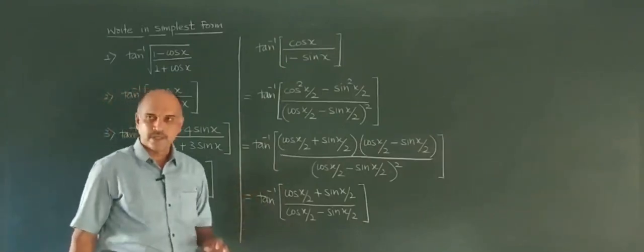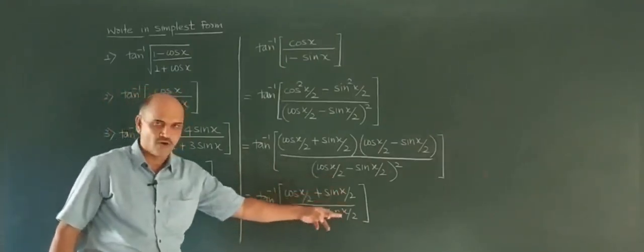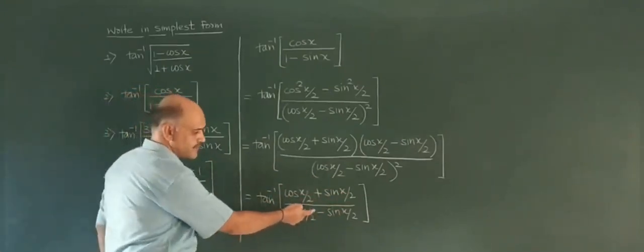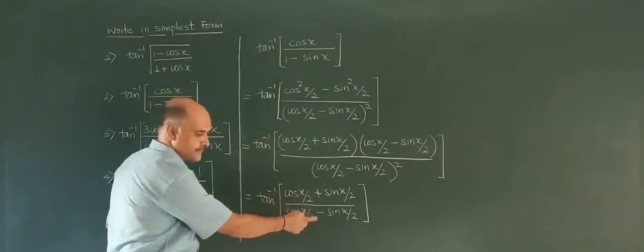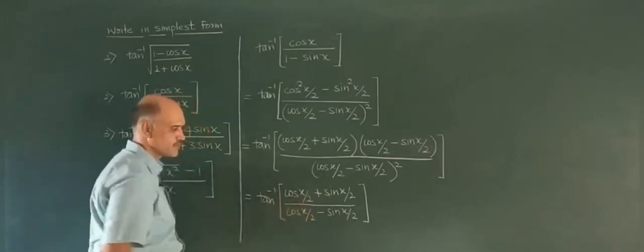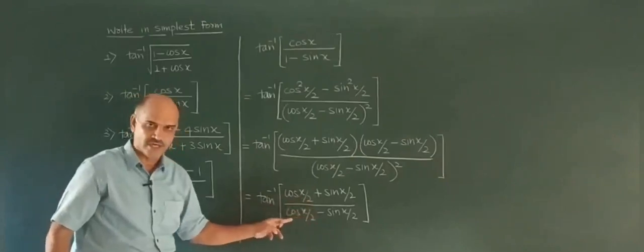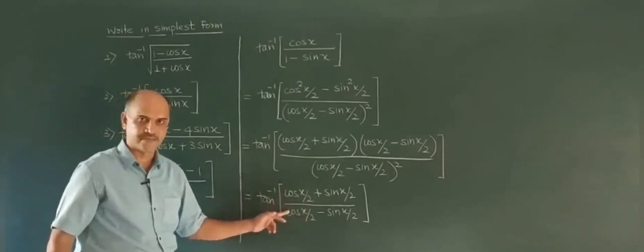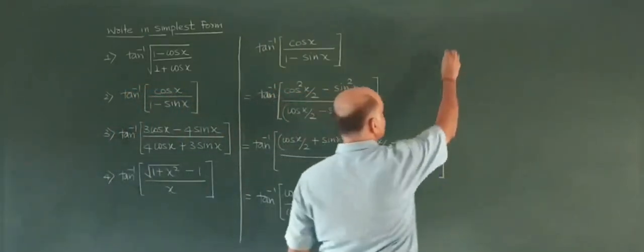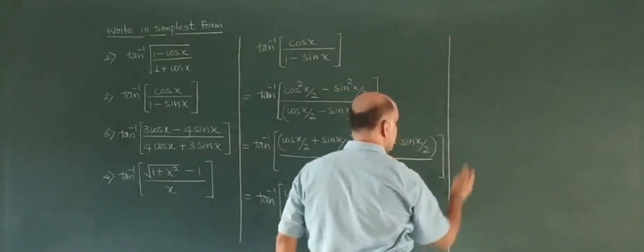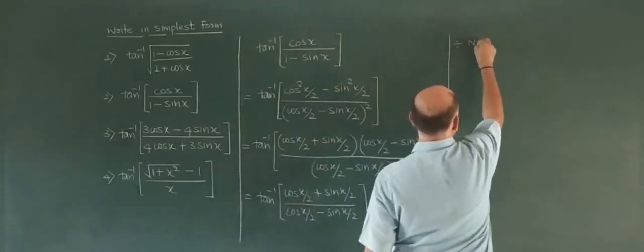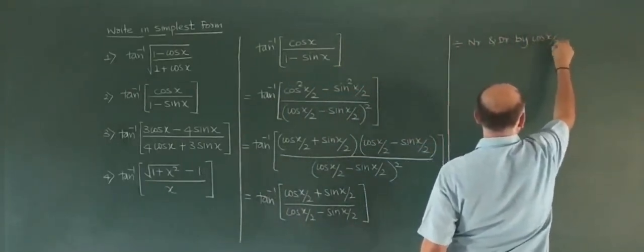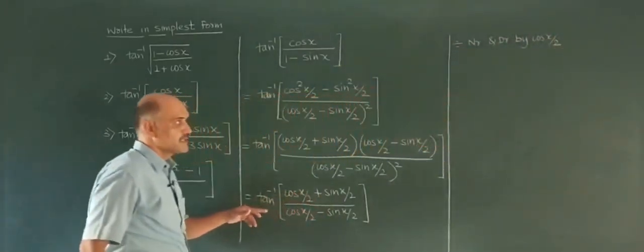Now you remember, whenever you get this form inside tan inverse, you should try to make this term a 1. This term over here, cos x by 2 in the denominator, here you should get 1. Means divide numerator and denominator by cos x by 2, both in numerator and denominator.